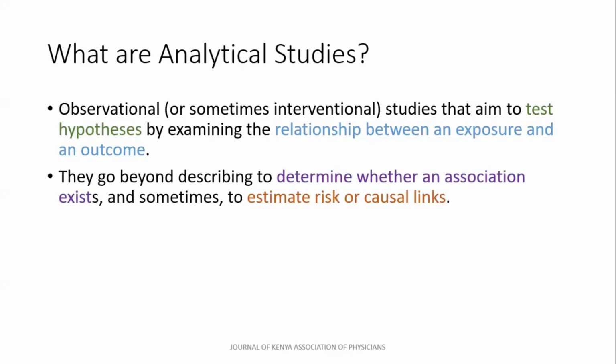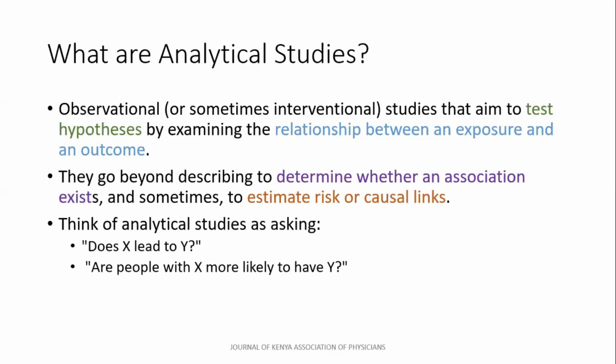So they go beyond describing to determine whether an association between variables exists, and sometimes to estimate risk or causal links. So you can think of analytical studies as asking, are people with X more likely to have Y? Or does X lead to Y?